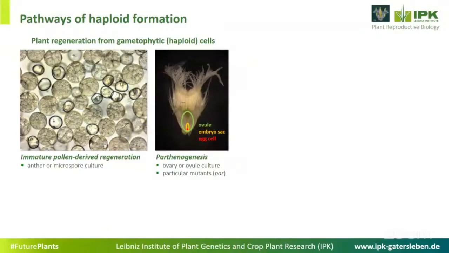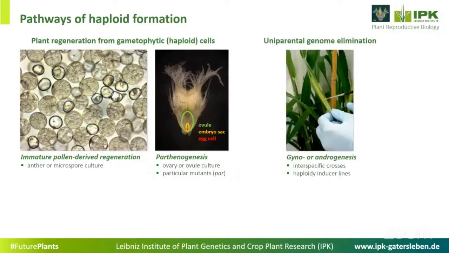And at the female side, in the center of the slide, you see a gynoecium, and it is indicated where the ovule resides within the structure, and the embryo sac in yellow, and the egg cell in red. And the egg cell, of course, is a haploid cell. But also the progenitor cells of the egg cell are haploid cells and could give rise to plants if we manage.